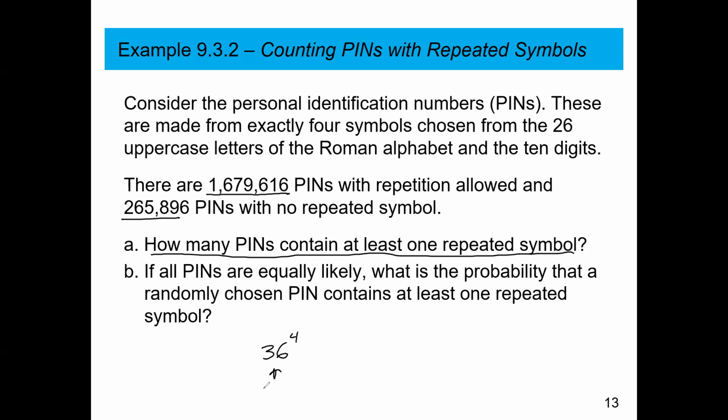That was the total number of pins, including repetition and non-repetition. Repetition is possible, we don't have to avoid it. That's total pins. The things that I don't want are the ones with no repeated symbols. That was where we had 36 times 35 times 34 times 33.